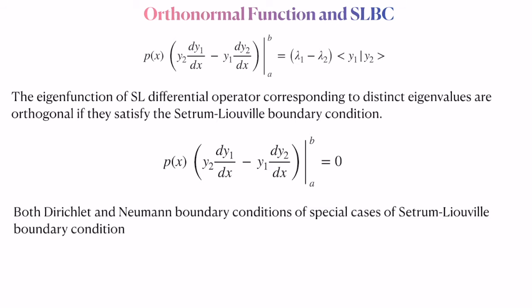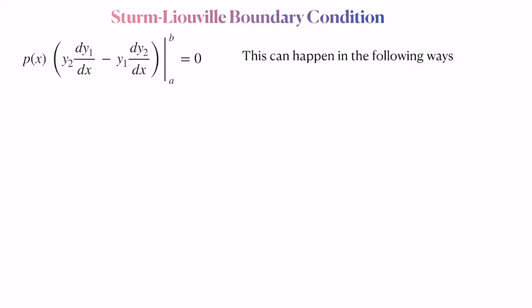Now, the Sturm-Liouville boundary condition is a generalization of both the Dirichlet and Neumann boundary conditions. It is essentially the general version, and the Dirichlet and Neumann boundary conditions come as special cases of it. Now let's look at various cases where the Sturm-Liouville boundary condition is satisfied, that is, where the Wronskian into p of x is equal to 0.